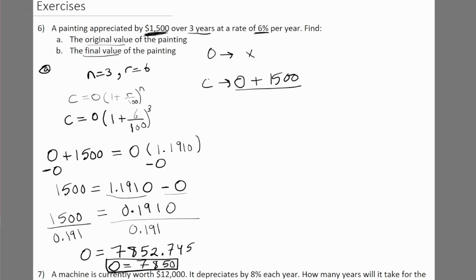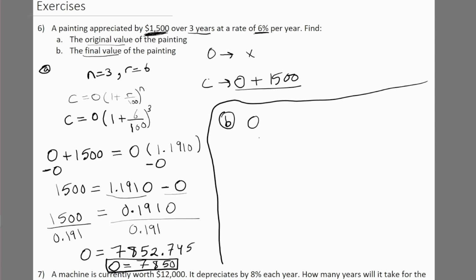All right. Now, as for the final price, which is part B, the final value of the painting is going to be the original plus 1,500, which is the value that the original appreciated by. Now, like I've said before, we're going to use the accurate one for the original.